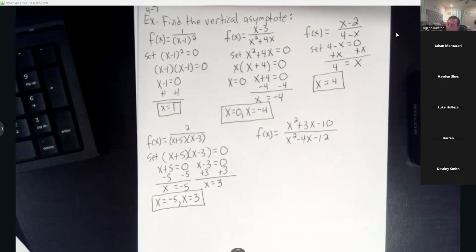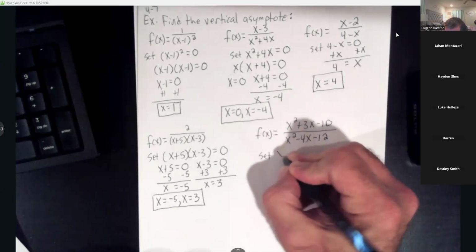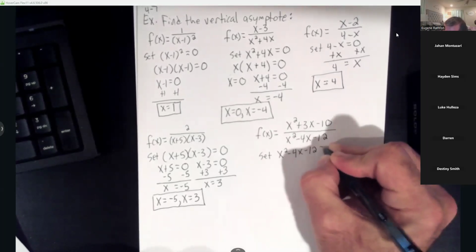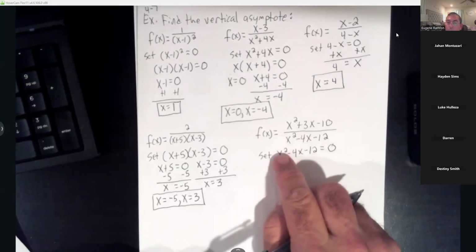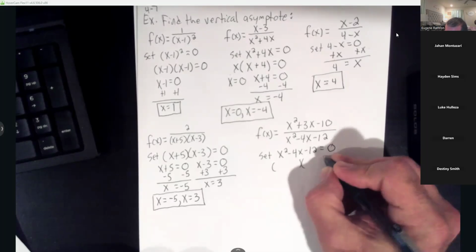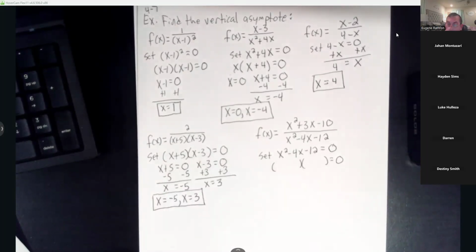All righty, y'all. So here we go. We're going to set that bottom equal to 0. So you could use the quadratic formula. I'm going to solve this by factoring. So once I get it factored, it'll look something like this.